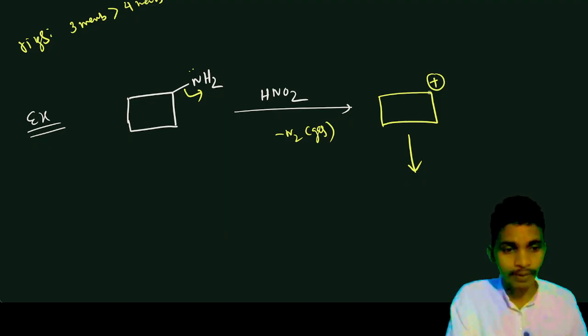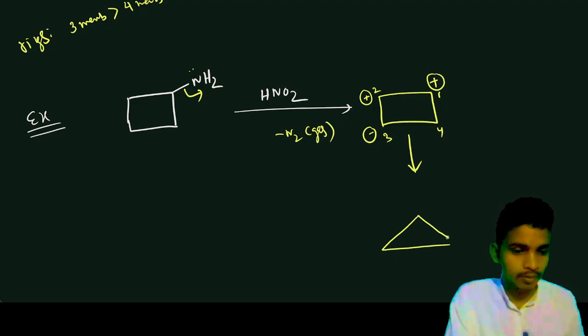It means if this is positive, then I can make the other negative so that I make the bond, and negative here means this is going to be the positive. So I will number 1, 2, 3 and 4. So 1, 3, 4 I am going to make the bonds. This is 1, this is 3 and this is 4, and this bond has broken.